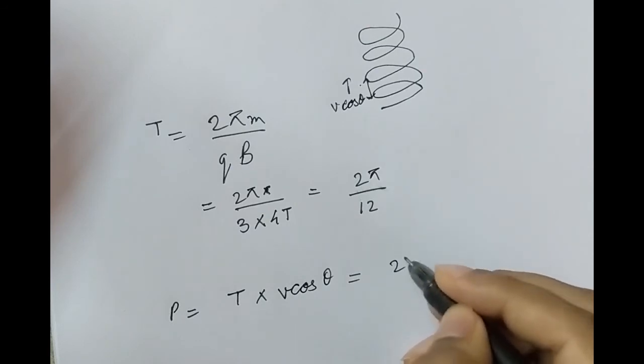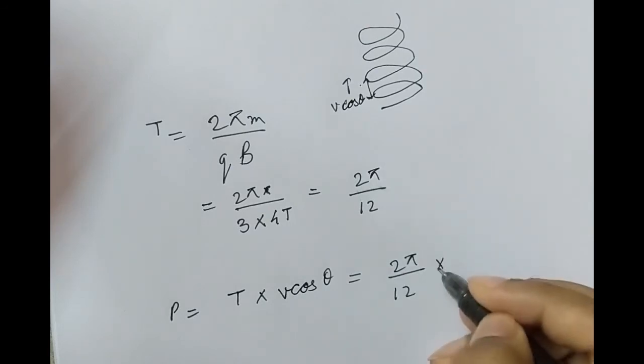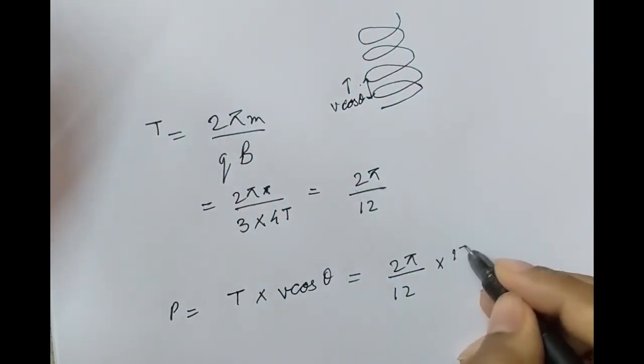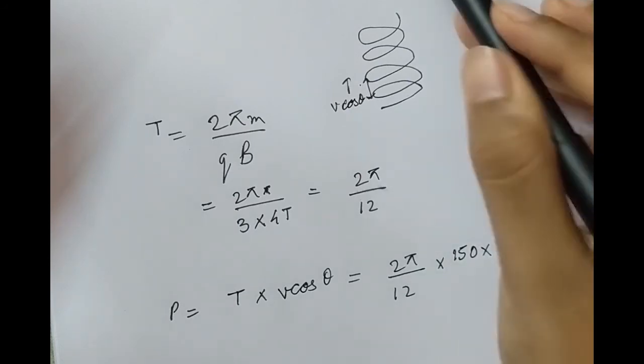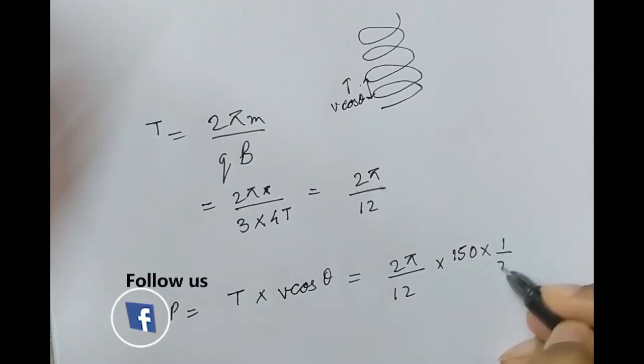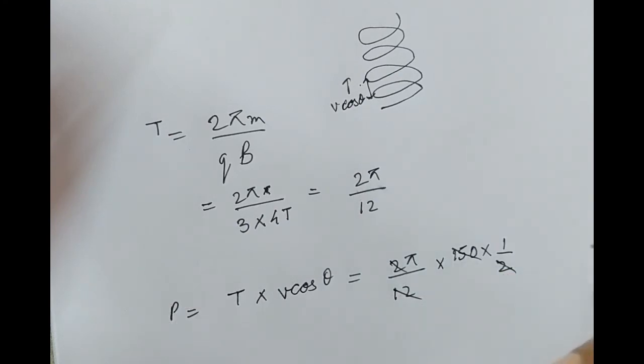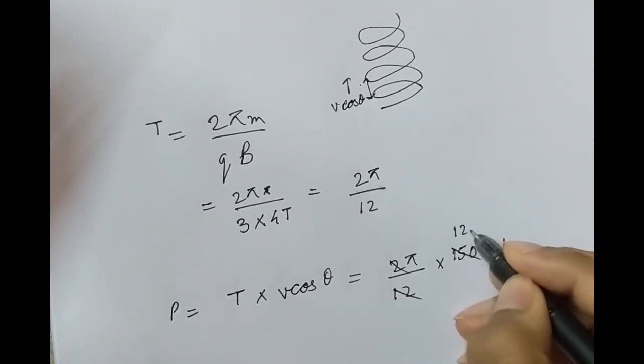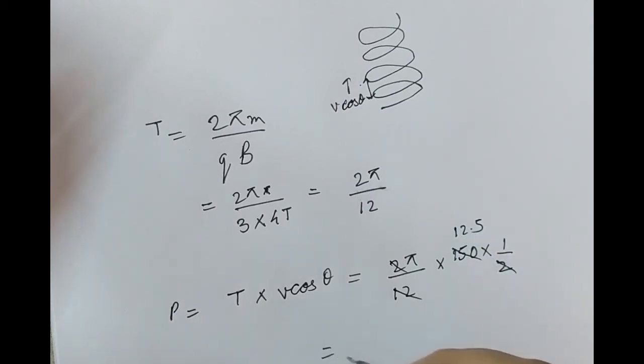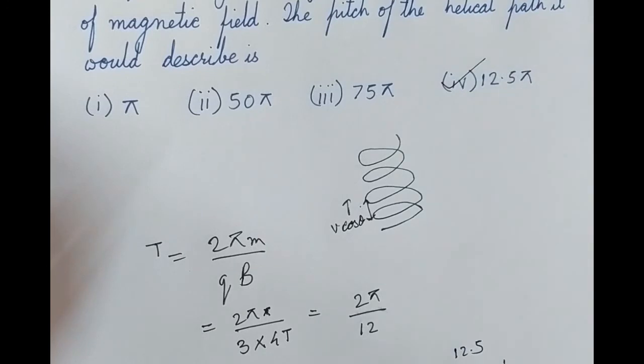The time period is 2 pi divided by 12. V is given as 150 meter per second. So 150 into cos of 60 degrees. Cos of 60 degrees we know is half. Cancel these out, 12 goes with this and it would give you 12.5. So final answer is 12.5 pi. That is the fourth option.